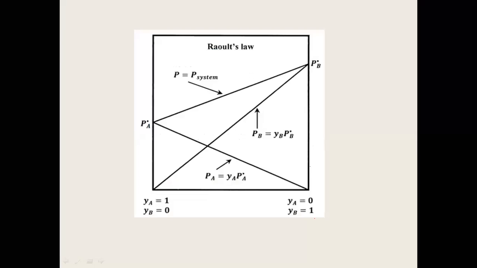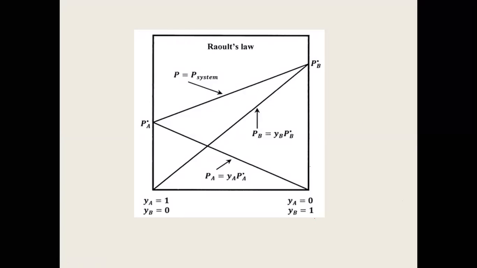Now before I close the slideshow, this is the graph I want to explain. This graph has two origins on the x-axis, one origin on the right and one on the left. The axis shows mole fractions.